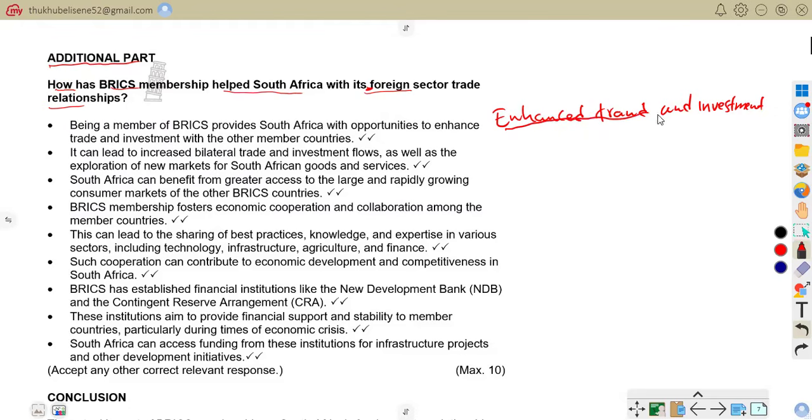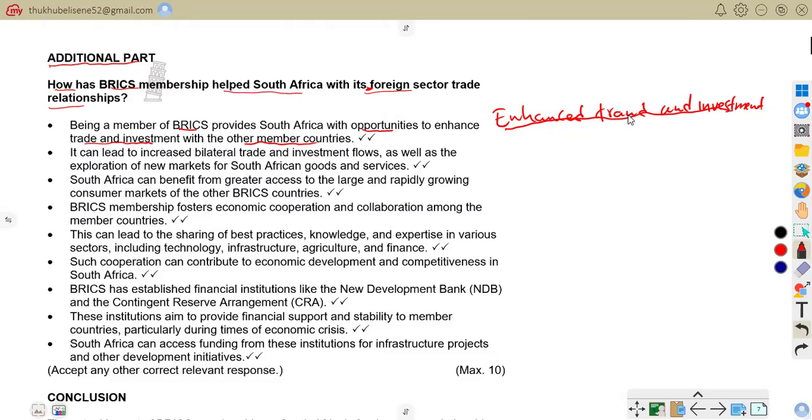Enhanced trade and investment. As it says, being a member of BRICS provides South Africa with opportunities to enhance trade and investment with other member countries. You find that trade with BRICS partners grew an impressive 70% from 2007 to 2020, exceeding 800 billion in 2022.